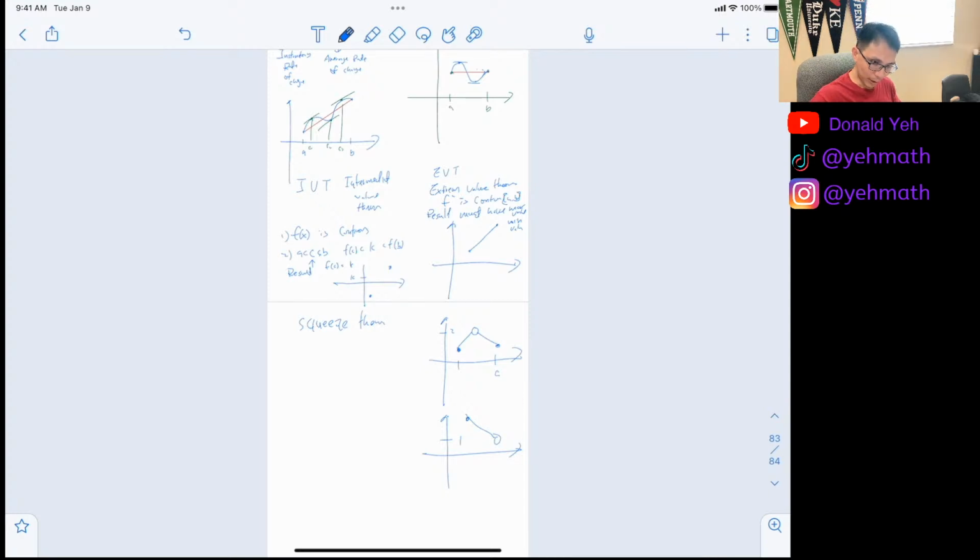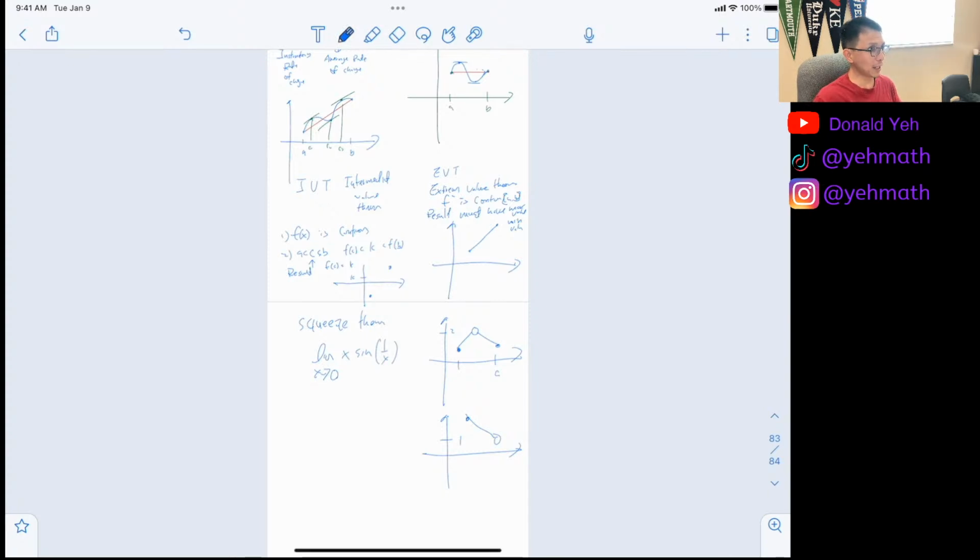So the limit as x approaches 0 of x sine of x. Why is that a squeeze theorem? Wait, it's more than that. I think it's x sine of 1 over x.